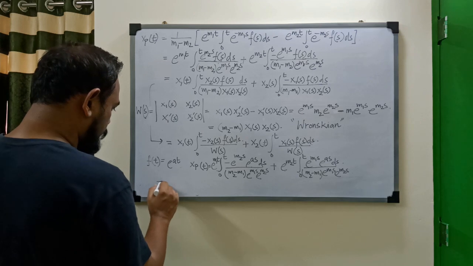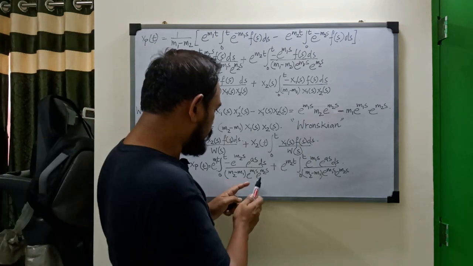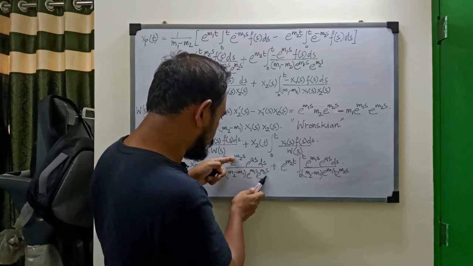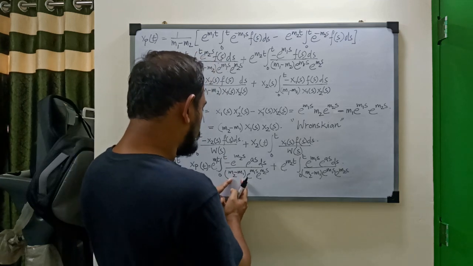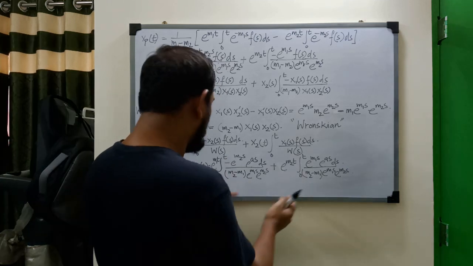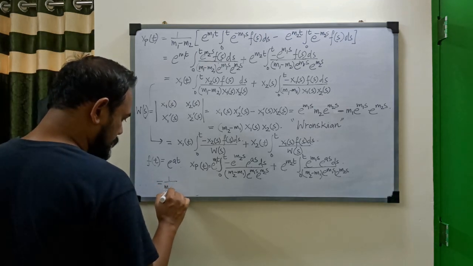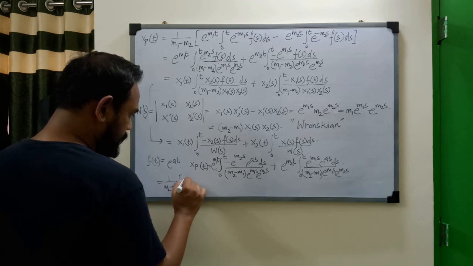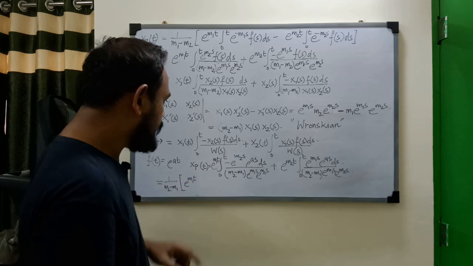And that, I think, we can work out quite easily. First of all, e to the power m2s and e to the power m2s will cancel. The whole thing has a factor of 1 over m2 minus m1, which I can take out. So let me just take out 1 over m2 minus m1. E to the power m1t, doing the first one.